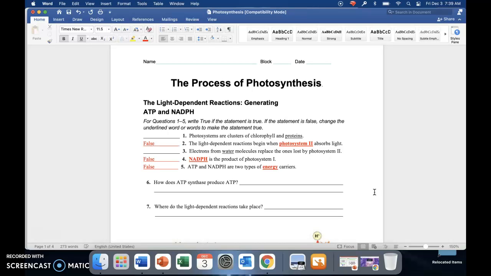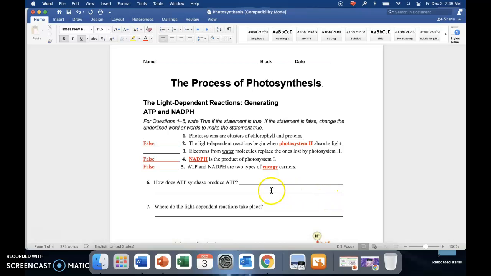Now, we talked about, as we moved on, light-dependent reactions and the light-independent reactions. One of the things that gets produced that I mentioned earlier is ATP through the process of chemiosmosis. And your question here: how does ATP synthase produce ATP?